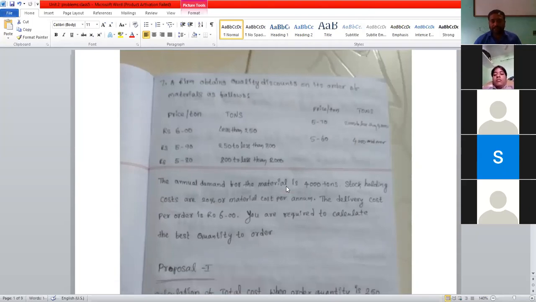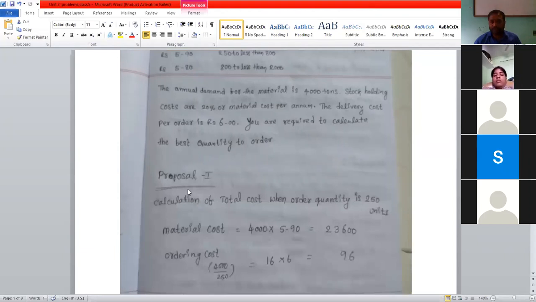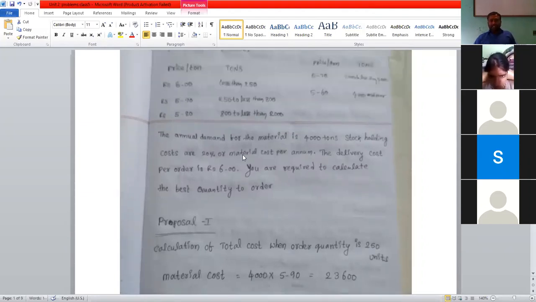See here, proposal 1: the calculation of total cost when the order quantity is 250 units.